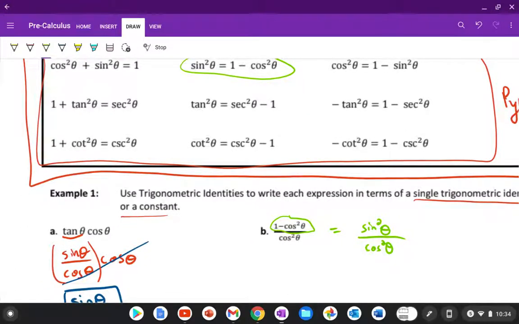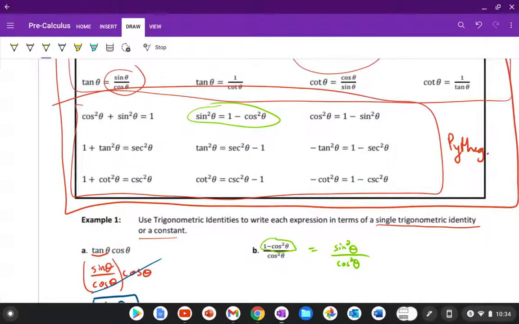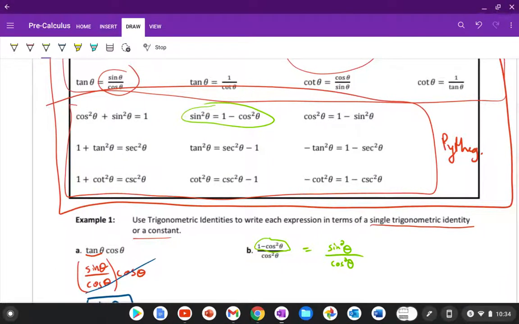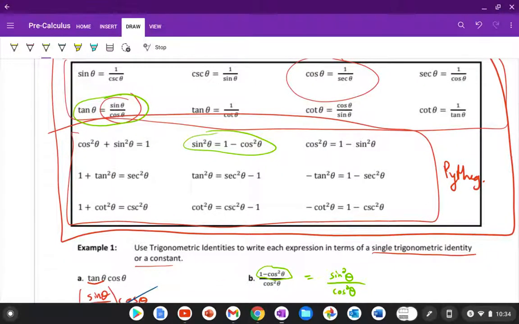And then, might not be immediately obvious from this point, this one isn't necessarily on here, but we do know that sine over cosine is tangent right here. So if both of those are squared, it's also true for this one that tangent squared, so you might even want to add this, tangent squared theta equals sine squared theta over cosine squared theta. That is also true.